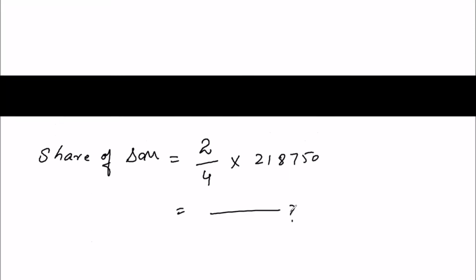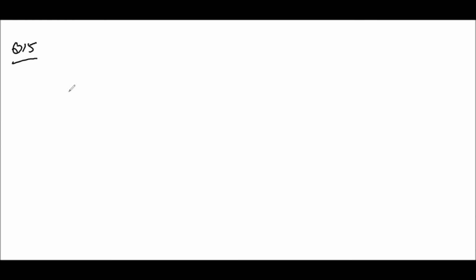So I leave here. Now I am solving question number 15, and in this question it says that a man who has property worth rupees 750,000. It means value of his property was 750,000, and his family had to pay debt.